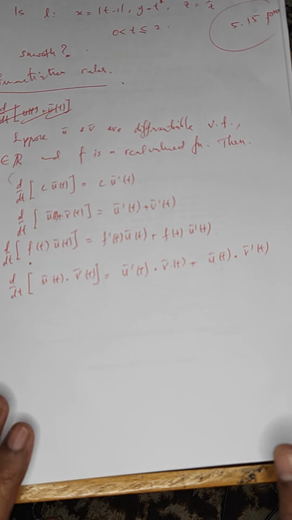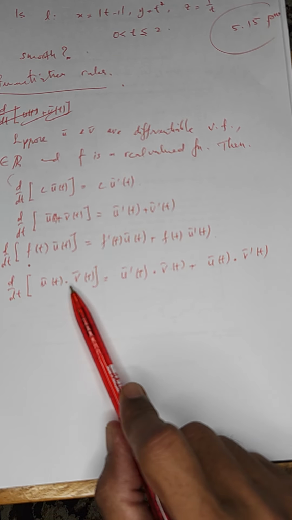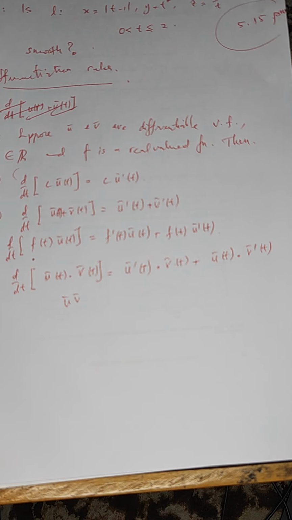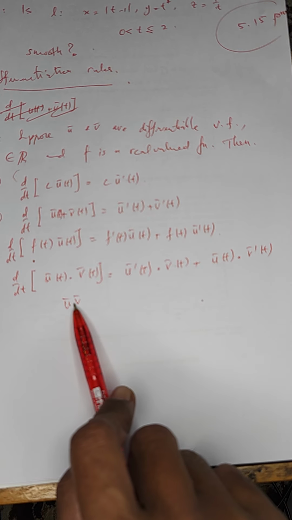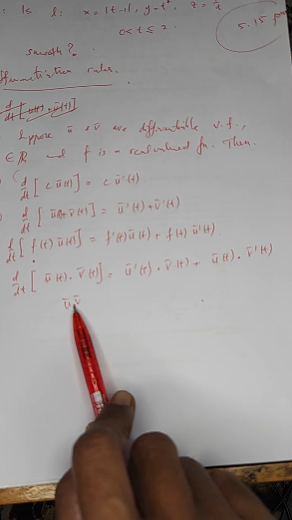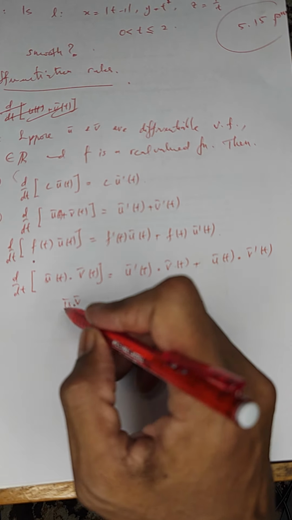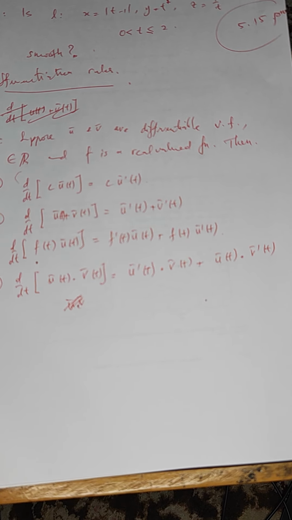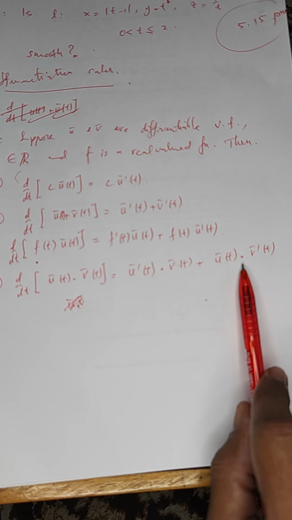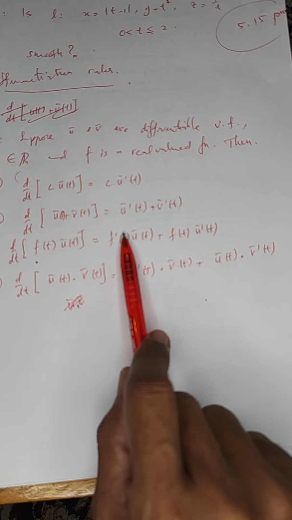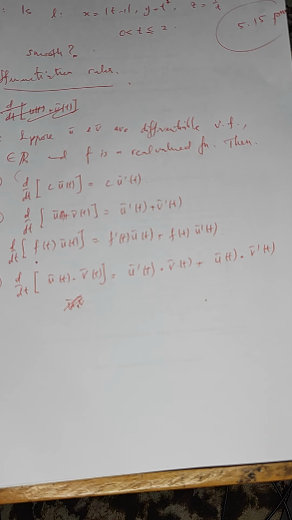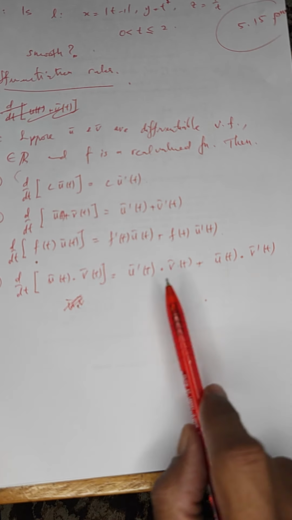So do not forget the dot operation here, because if you just write uv like this, it's meaningless, because as vectors you need some operation, either dot product or cross product. You cannot simply write uv just like that, as we do with real valued functions. There is a difference. That's why we always have the dot here, as compared to this one, because f is a real valued function, so we can write it as a normal multiplication. But in the case of vector functions, you cannot do it.